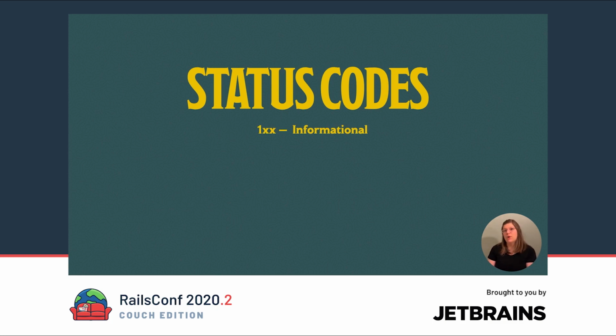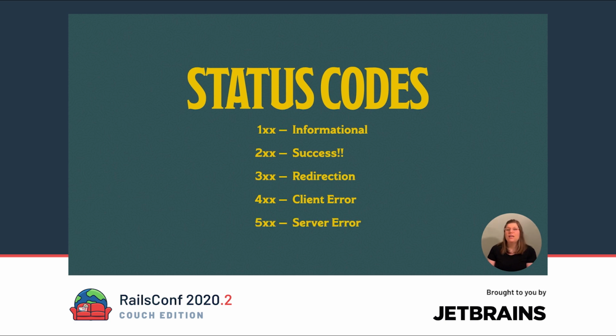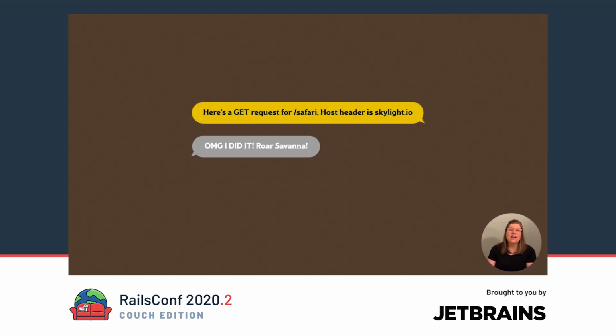These are pretty rare, so we won't go into more detail. 200's success. 300s, redirection. 400s, client error for errors originating on the client that made the request. And 500s, server error for errors originating on the server. Standardized status codes help clients make sense of the response even if they can't read English or whatever human language the response body was written in.